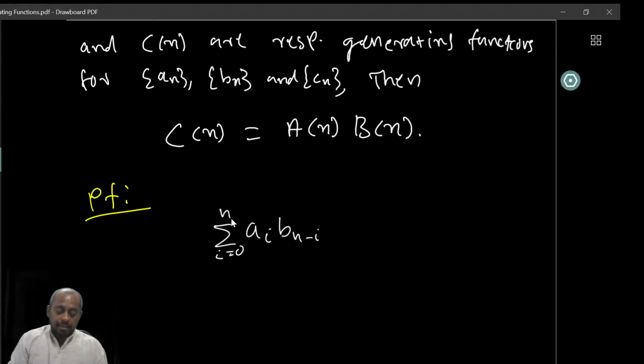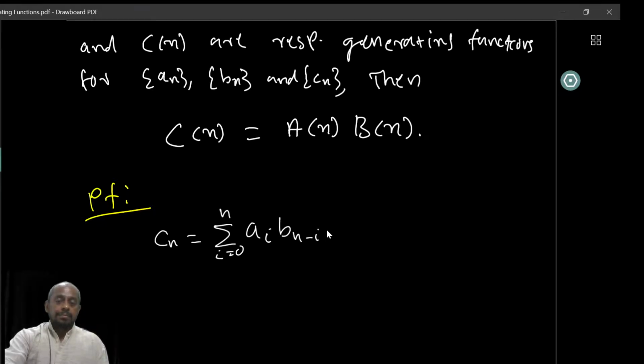So this is the total number of ways I can produce these two structures given an n element set. So therefore, the coefficient cn is basically this, and that is the coefficient of x raised to n in this product by the product formula that we have studied before: summation of ai times b n minus i. So therefore, that is the proof. I'm not writing anything further, but you can see that it can be completed.